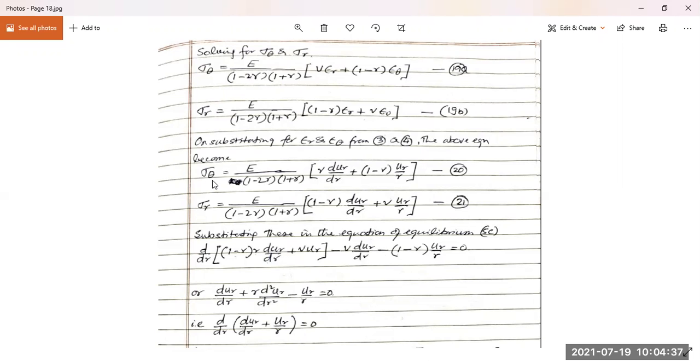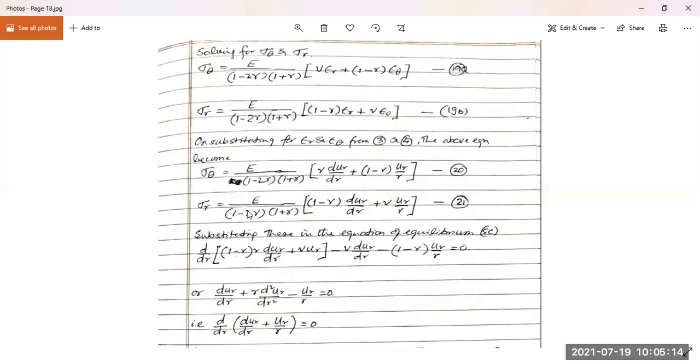So we have sigma r and sigma theta in this form, and if we put this form, d by dr of r sigma r is given here, multiplied by r, minus v u r, and this is equal to sigma theta itself, and we can put it here.